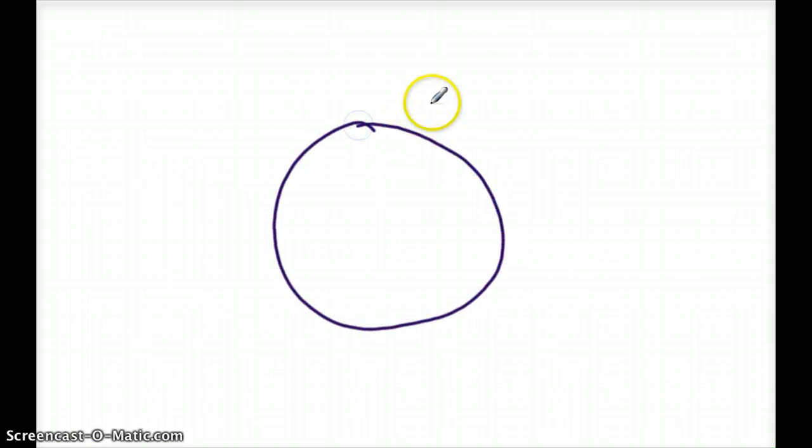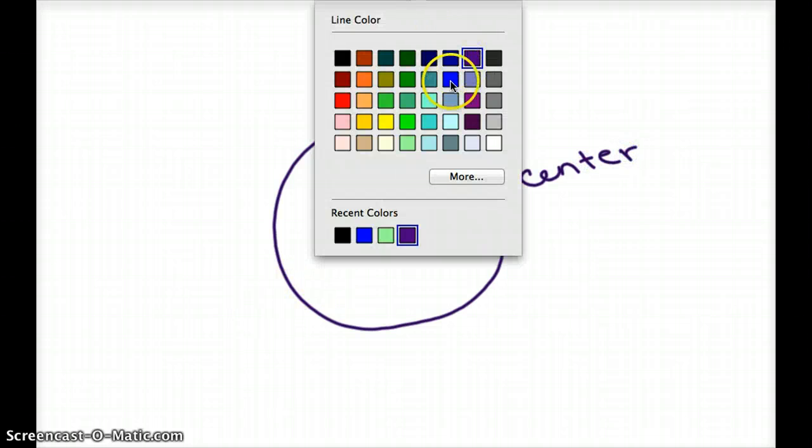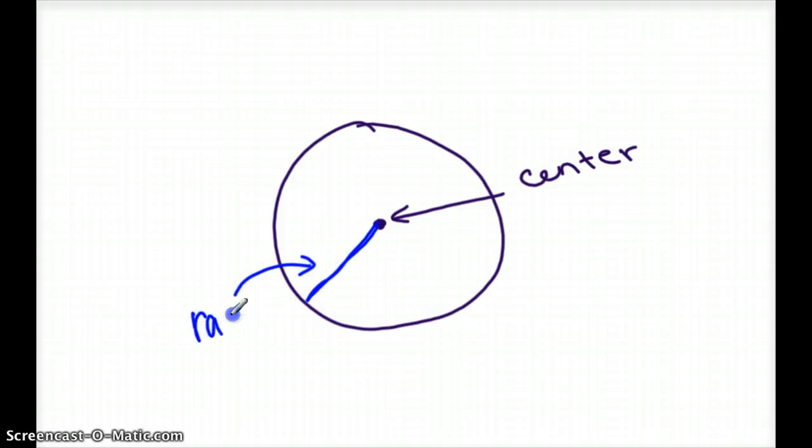So if I have a circle, the center point we call the center. The mark that is from the center to the outside edge, just halfway across the circle, is called the radius.